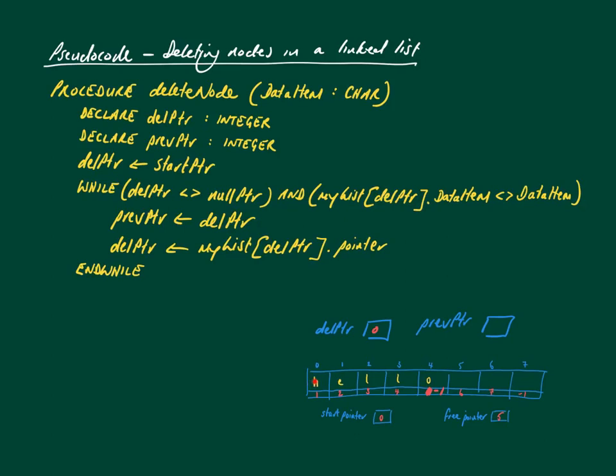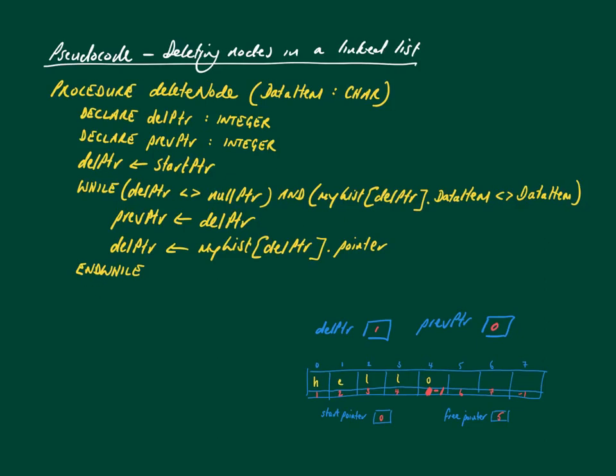Well, we're searching for E, so that's not E. So we then set previous pointer to be whatever del pointer is, which makes that 0. And then we have to change del pointer to be the pointer to the next node, which in this instance is 1. And then our while loop continues, and we look at 1, it's not null, but it is the data item, so there we stop and we drop out.